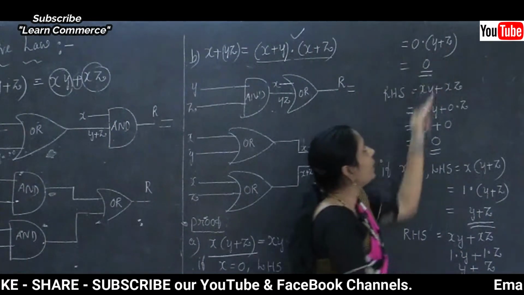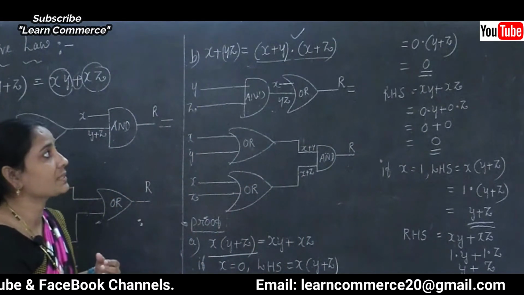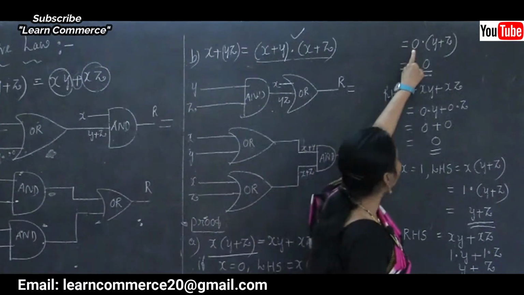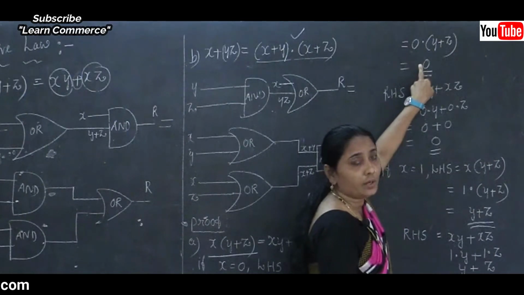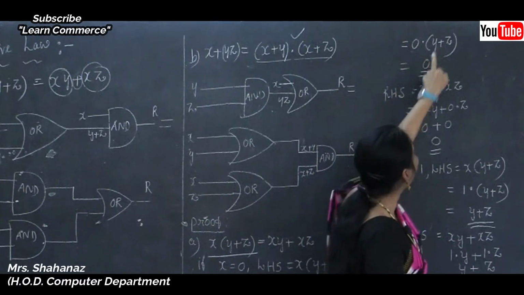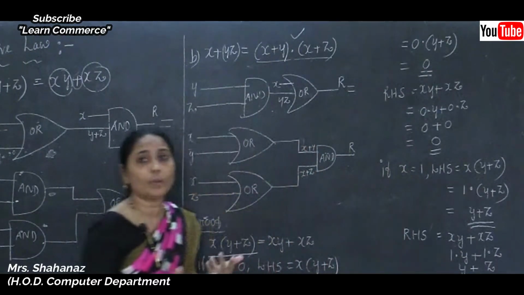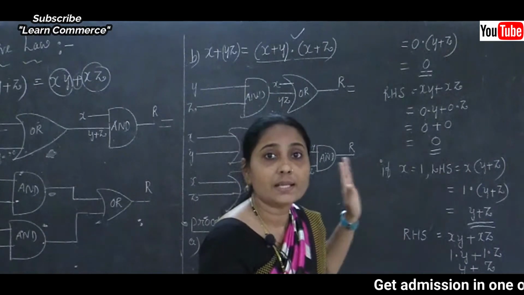Correct? Now maybe the y plus z value is 1, it depends on the y plus z value. So 0 ones are 0, 0 zeros are 0. Maybe the y plus z value is 0, or maybe it is 1, the answer is always 0 only.